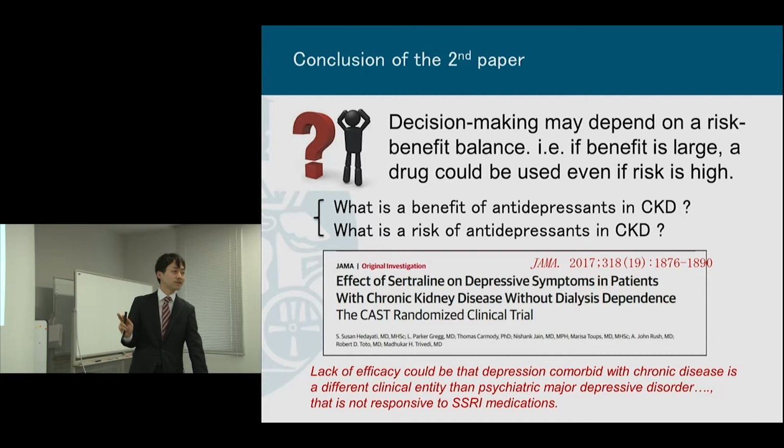There was no significant benefit of antidepressants in this study population, sertraline. They discussed that the lack of efficacy could be because depression comorbid with chronic kidney disease is a different clinical entity than psychiatric major depressive disorder, that is not responsive to medications. So in total, benefit is not increasing, or rather decreasing, in patients with CKD, and risk is increasing in patients with lower kidney function.